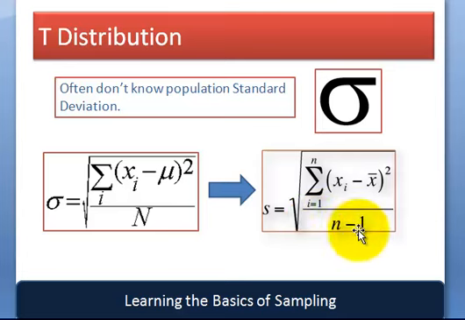So to compensate for that, we say n minus 1 rather than n. So in a t-distribution, the key thing to remember is we're using the t-distribution when we don't know what our population standard deviation is. So let's take population standard deviation out because we don't know what it is, and let's substitute in our sample standard deviation.